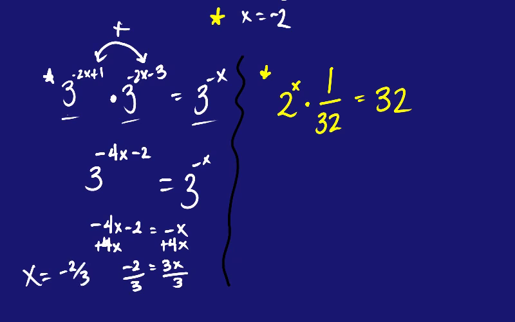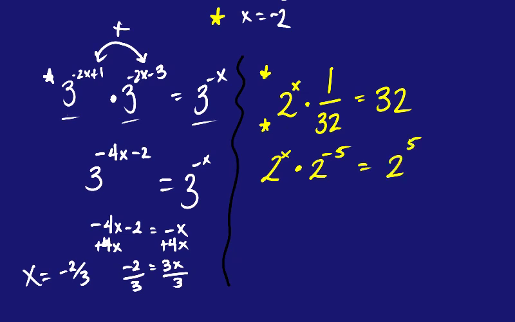Then over here with the second one, I like this problem, and I think the reason I like it is because you kind of got to think a little bit about powers of 2. So I'm going to try to write everything with a base of 2. This one's already 2 to the x. If you think about 32, 32 is 2 to the 5th. So 1 over 32 is 2 to the negative 5th. And that equals 32, which is 2 to the 5th.